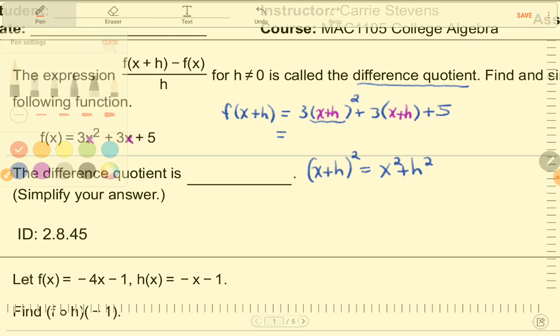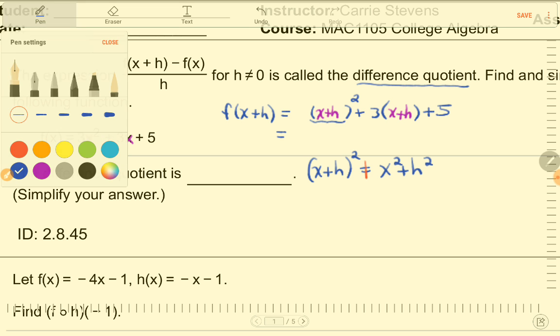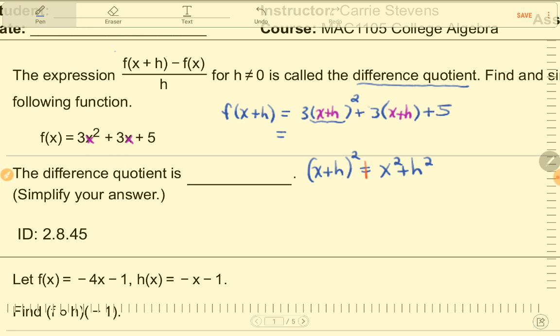Okay, and I see this often. We do distribute multiplication, like in this case, but here, this 3 is going to multiply both terms inside the quantity.